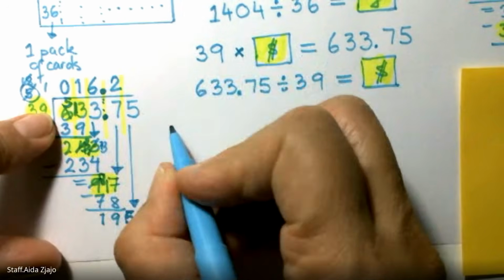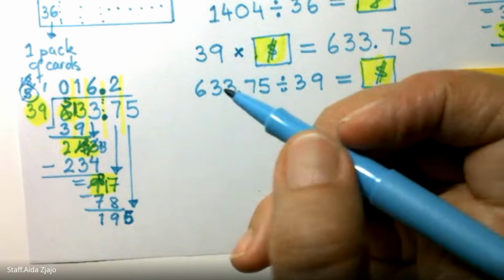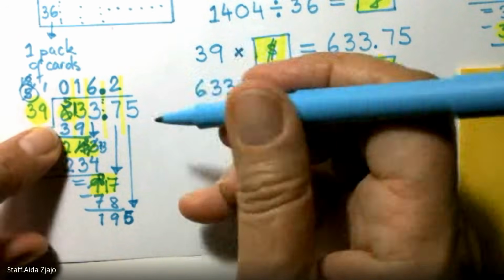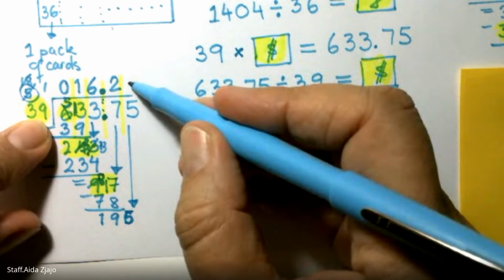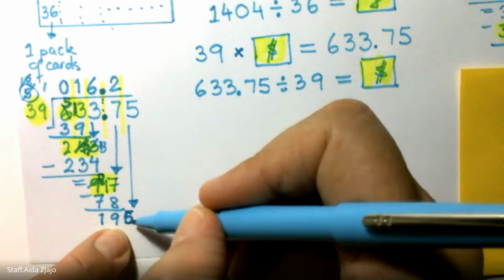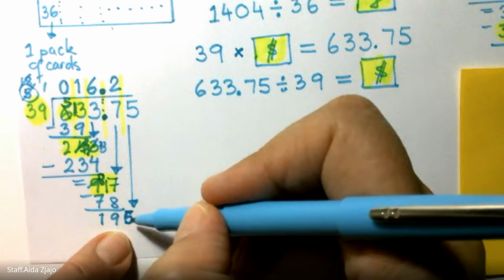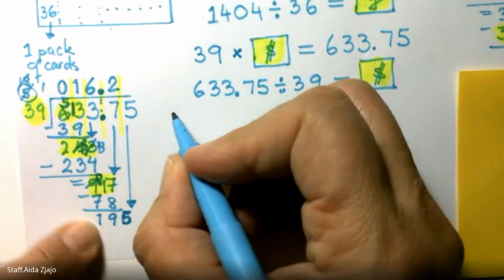I'm guessing this is 4. 4 times 40 is 160, so that's less than this, but it's not bigger than this. So I can go and check.